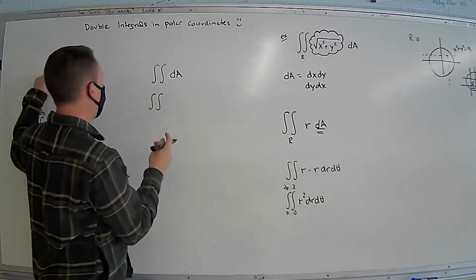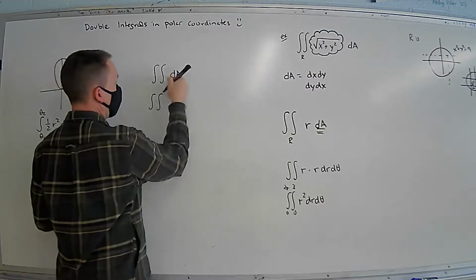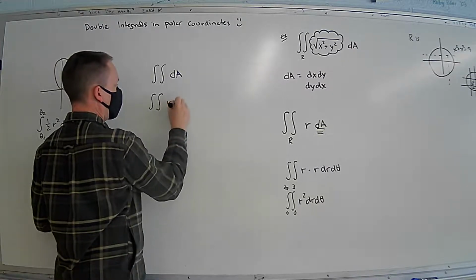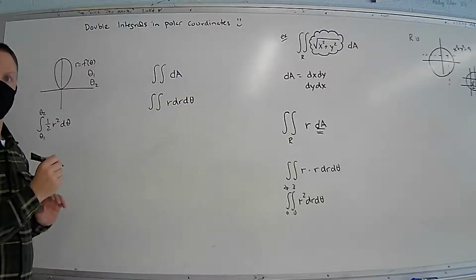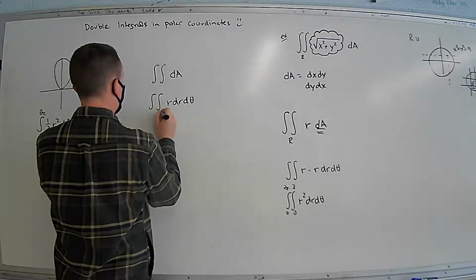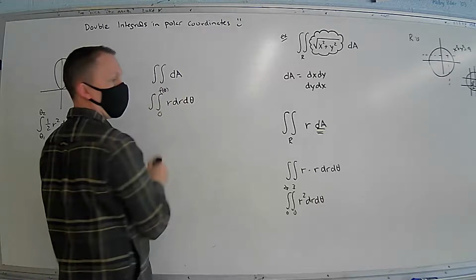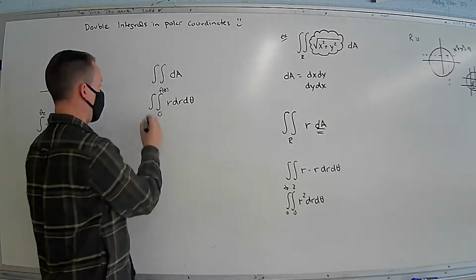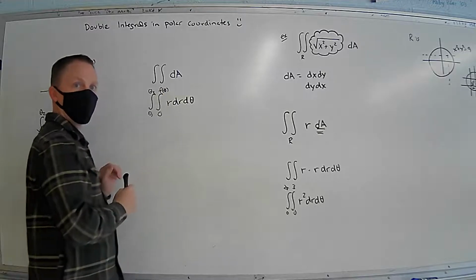I'm going to integrate dA. So I'm going to replace dA with r dr d theta, right? And what's r going to go from? Well, r is going to go from 0 up to f of theta. What's theta going to go from? Theta 1 to theta 2, right?